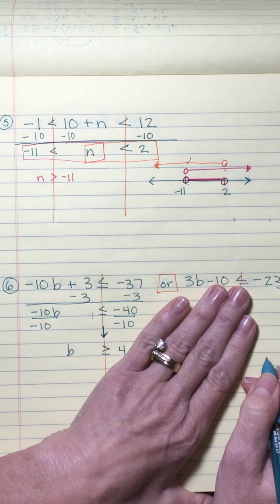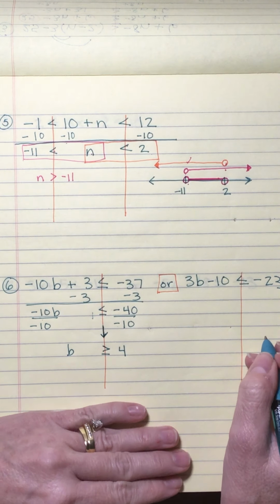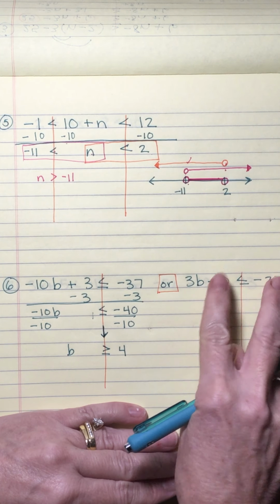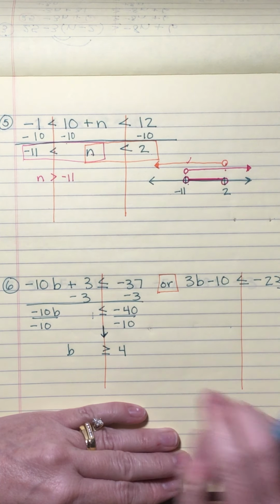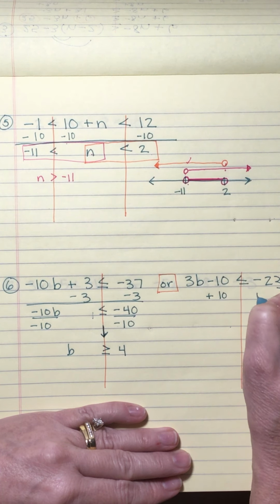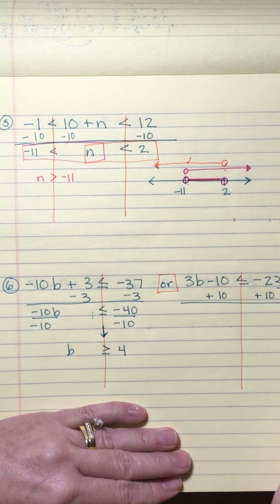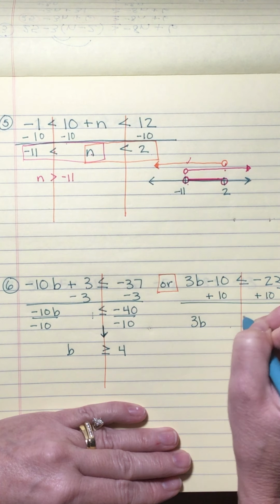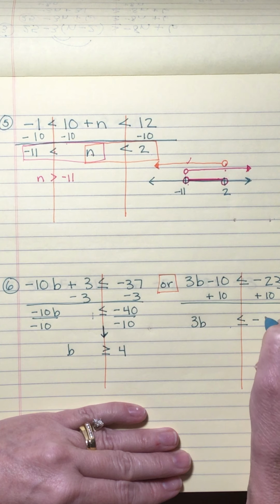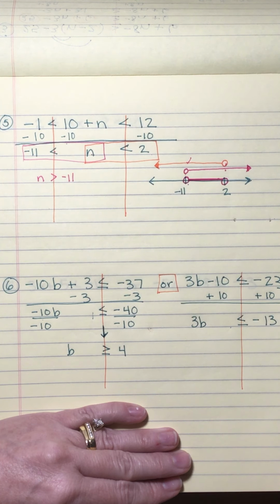All right, now let's solve this graph. So all my variables are on one side. I'm set to go ahead and solve. Okay, so plus 10 plus 10. We have 3b is less than or equal to, and that will be negative 13.